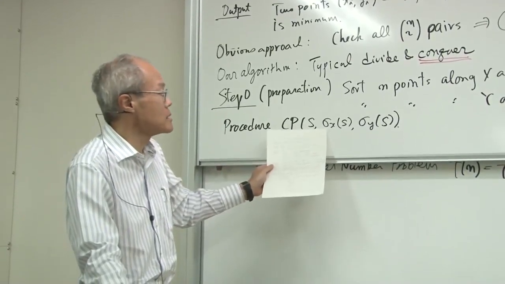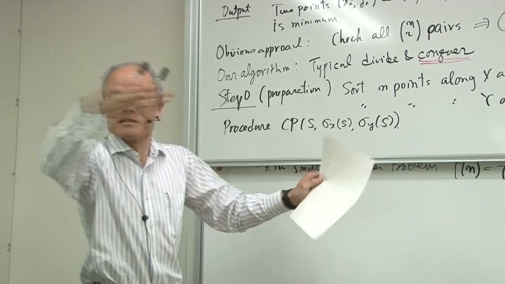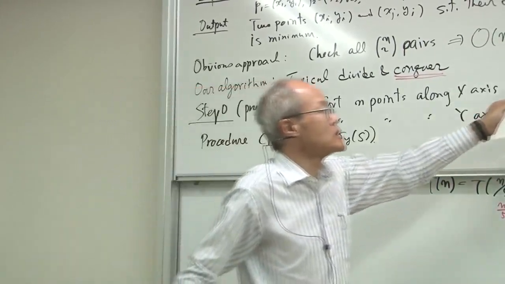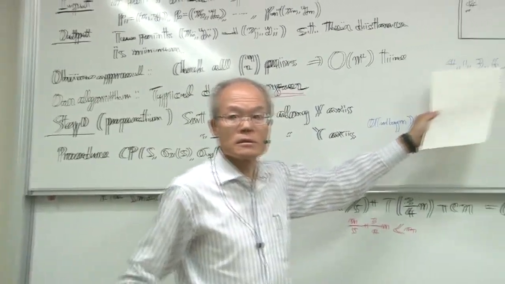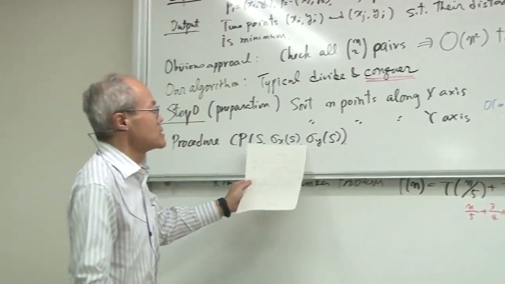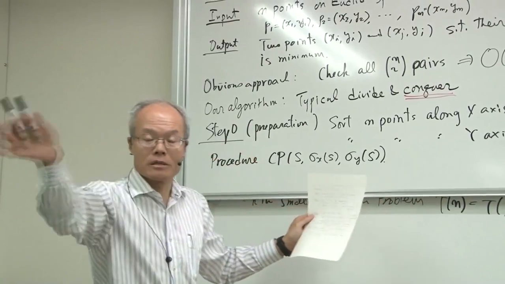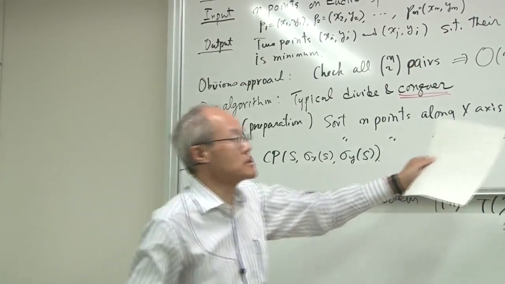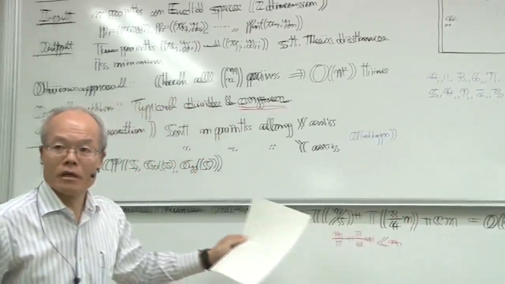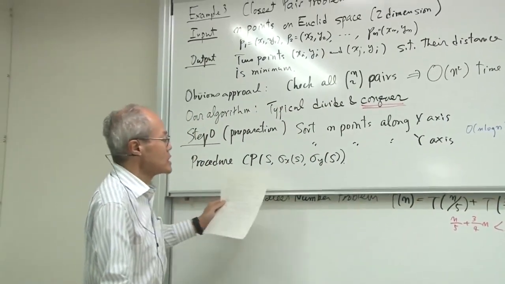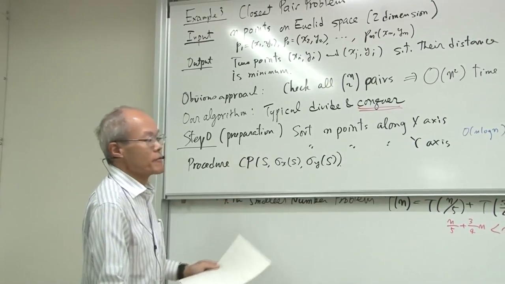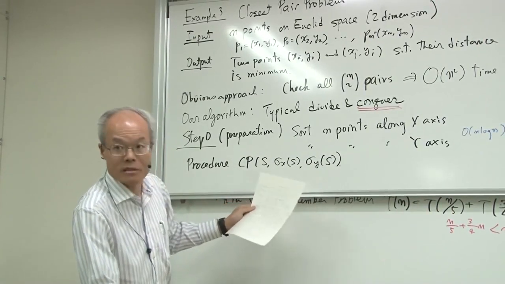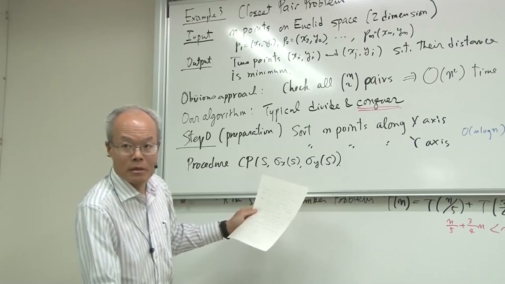Sigma x is the sequence sorted along the x-axis, exactly this sequence. And sigma y is the sequence sorted along the y-axis, exactly this sequence. We have three inputs to this procedure, and the output of this procedure is the closest pair.